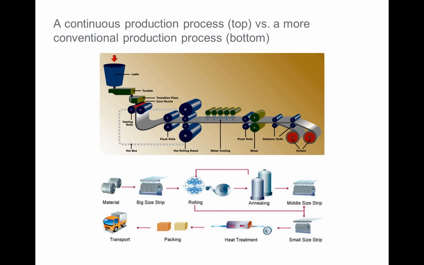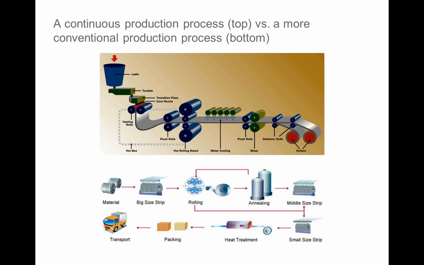A vast majority of sheet and strip and plate is made in the bottom process, where you make a large amount of material. You have big size strip or sheet. You do various rolling processes. You anneal it or soften it. Then you cut it down to medium size.